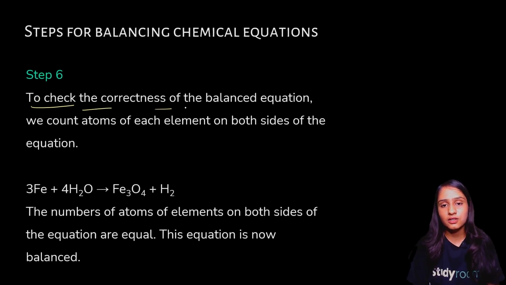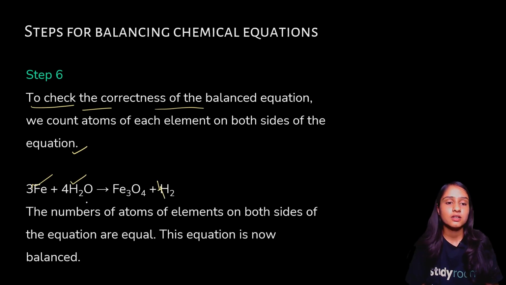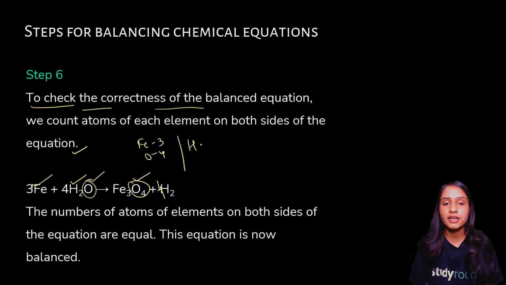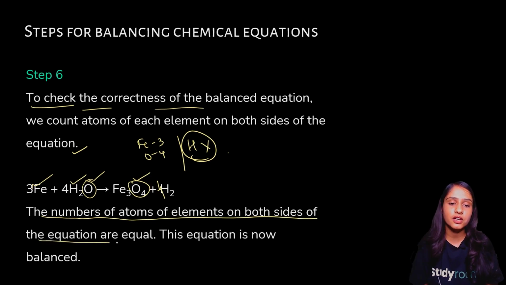To check the correctness of the balanced equation, we count atoms of each element on both sides of the equation. Okay, Fe is balanced here. You can see H2 is not balanced because here the 4 is not written. O is balanced, 4 and 4, Fe3O4. But here the H is not balanced. The number of atoms of each element on both sides of the equation are equal. This equation is now balanced. But H is not balanced.